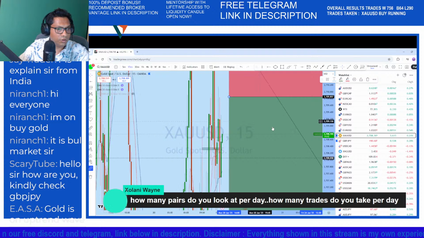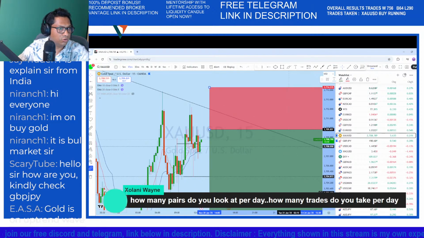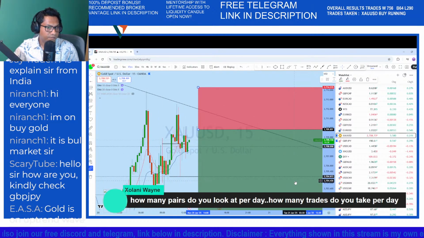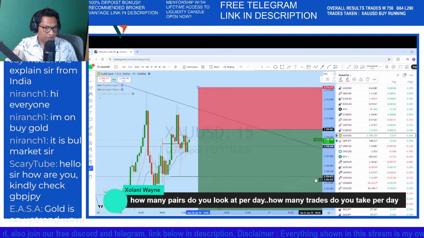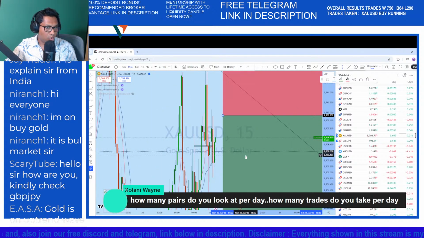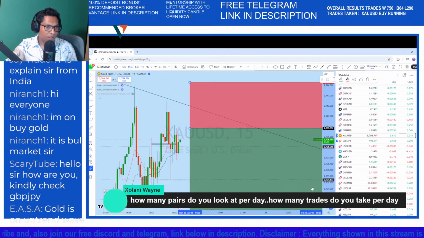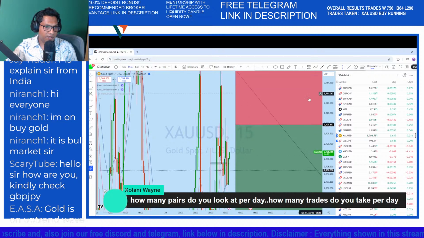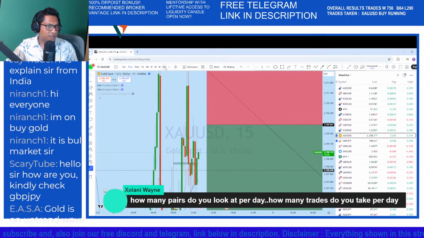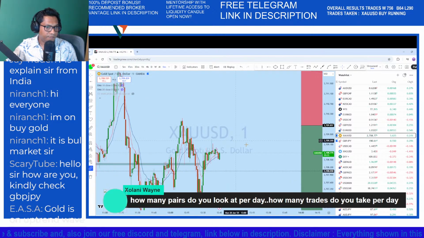All right, so a candle close on the 15 minutes, and there is a long wick at the top on this candle.